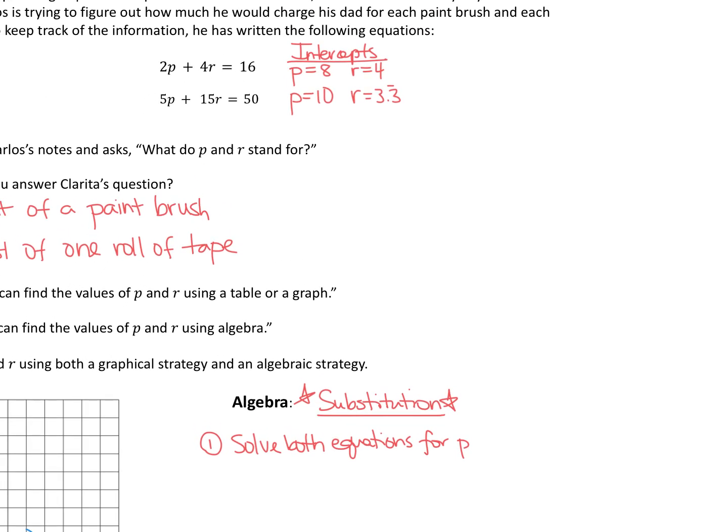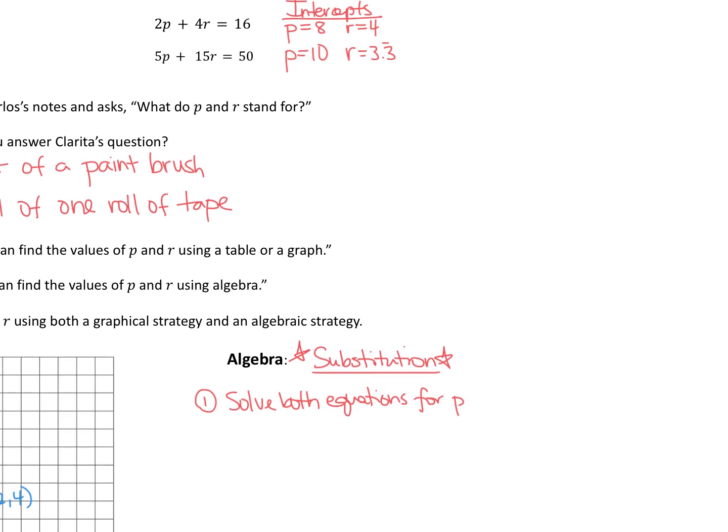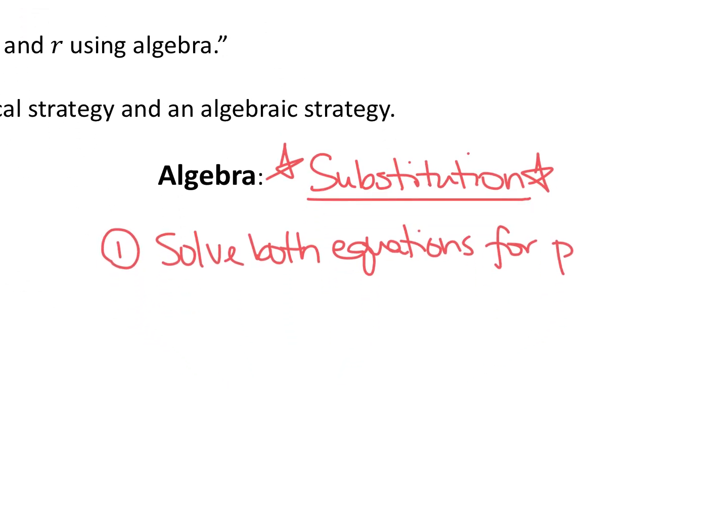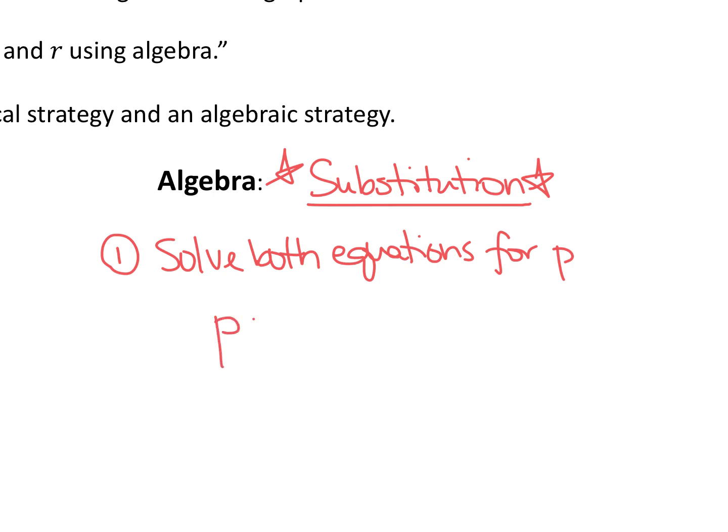Okay, so let's look at how we can do that. To solve the first one for P, we would minus 4r from both sides and then divide everything by 2. So we would end up with P equals 16 divided by 2 is 8, and then the minus 4r divided by 2 is negative 2r.